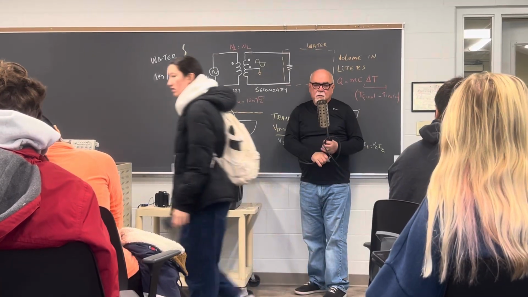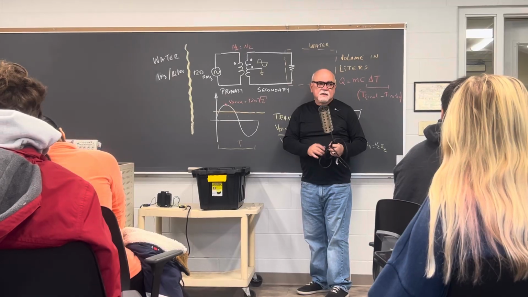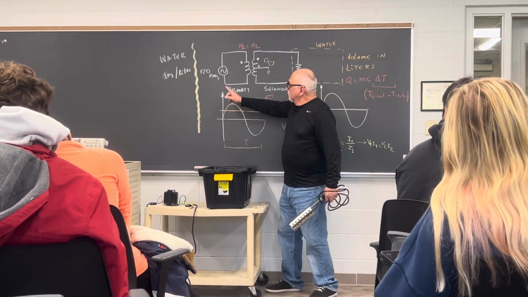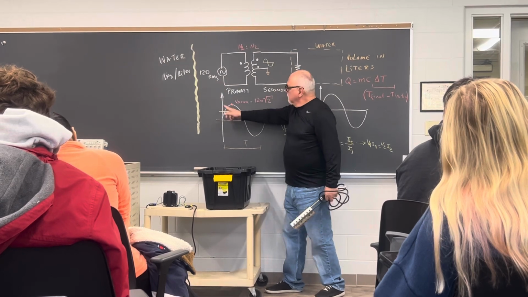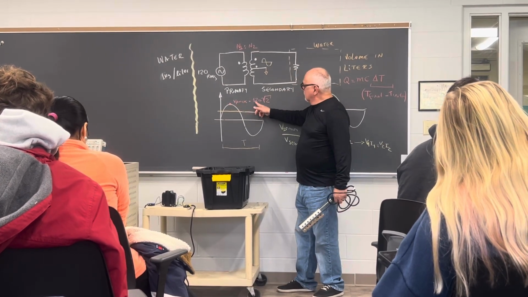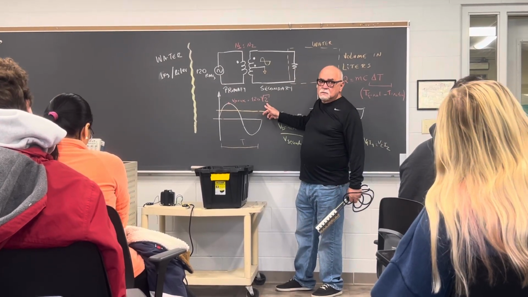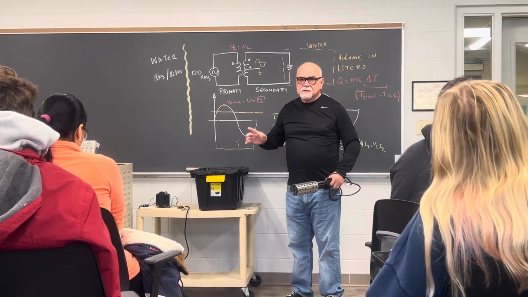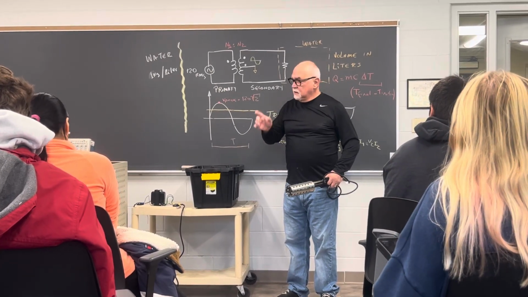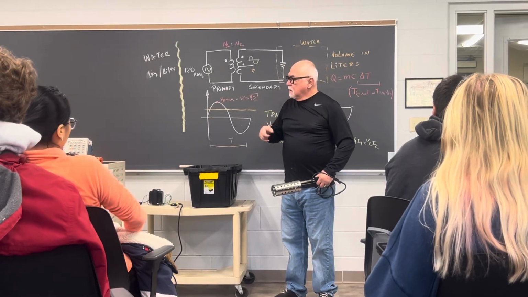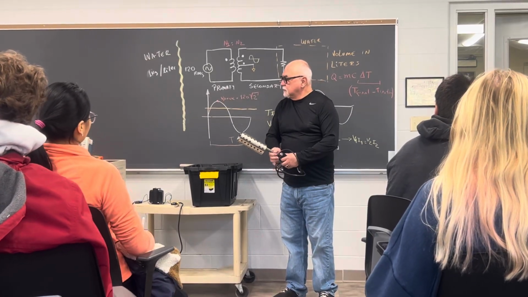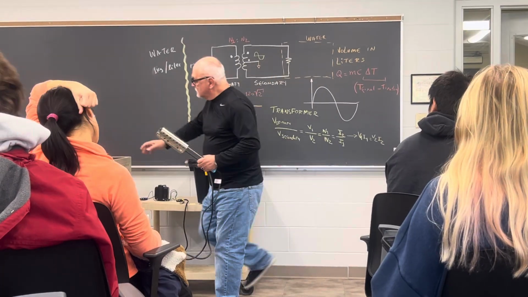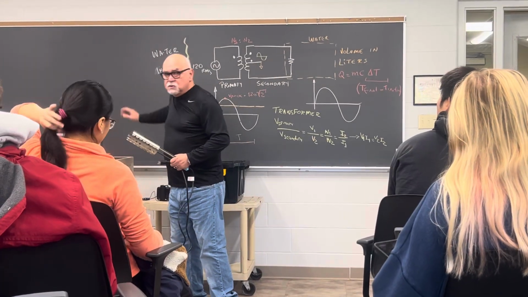We can give you more of the math in class, but right now what matters is that 120 volts RMS means the peak voltage is 120 multiplied by the square root of 2. I could take the oscilloscope and measure the input, but we're not doing that because it's not very safe.